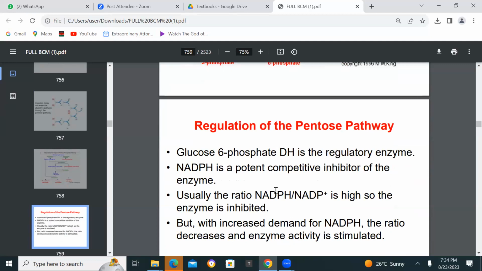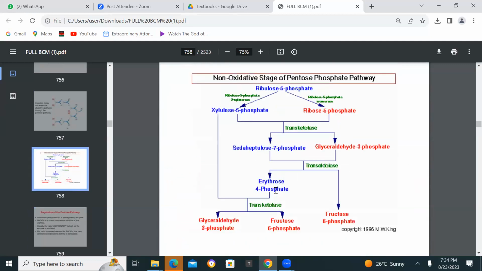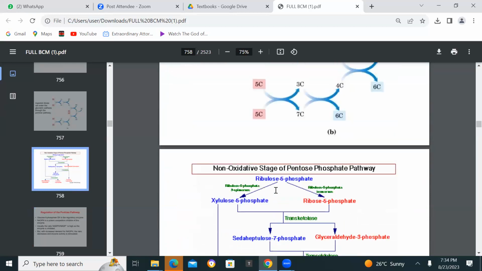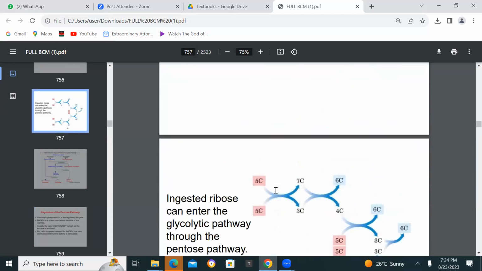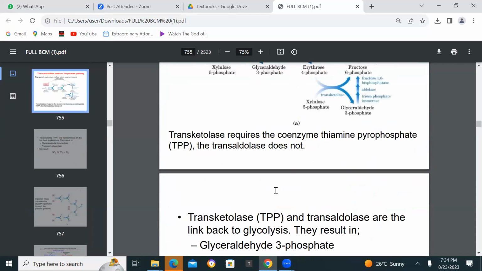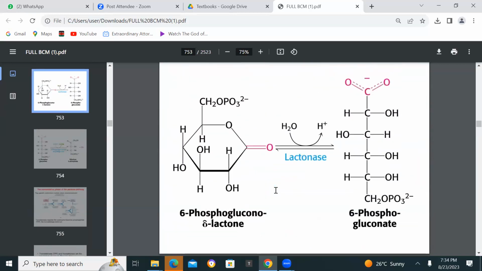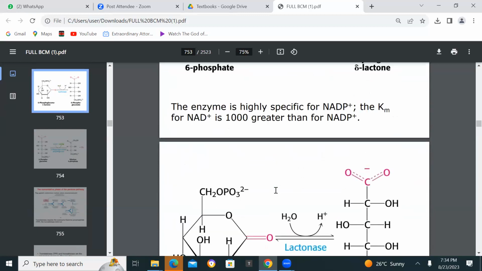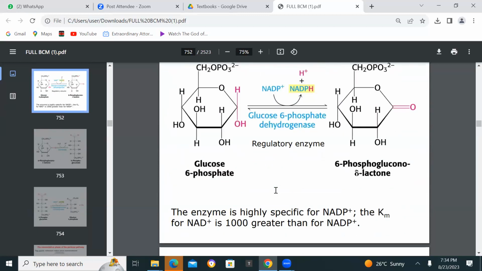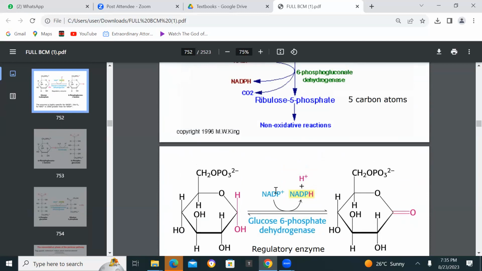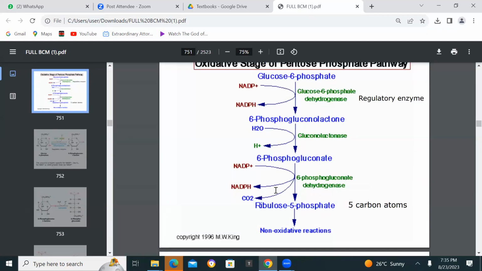What does glucose 6-phosphate dehydrogenase do? It's involved in the first step of the pentose phosphate pathway, to convert glucose 6-phosphate from glycolysis to phosphogluconolactone.